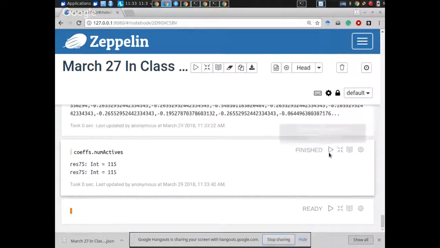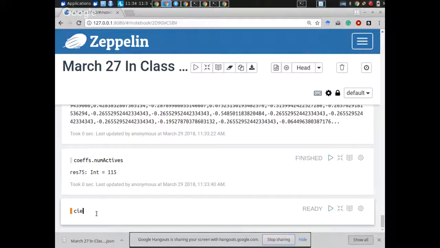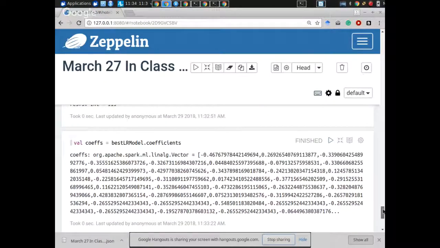Sorry. Yeah, this is another way to get at that information. How many of these coefficients are actually present and recorded here? We could, moreover, say coefs.argmax and get the single largest coefficient. So that's going to tell us which of these coefficients are the largest.